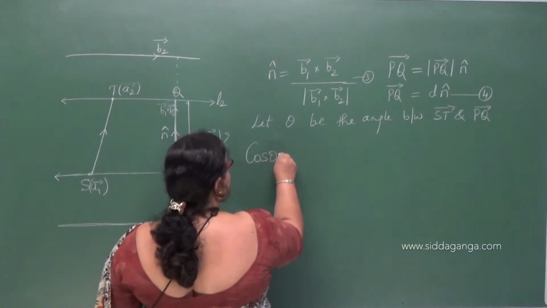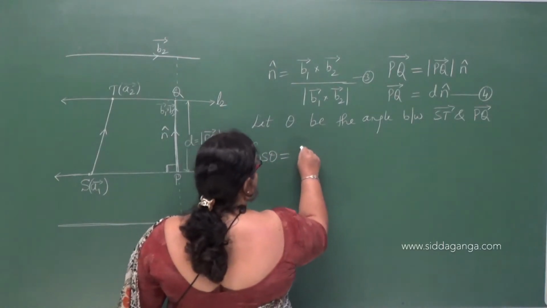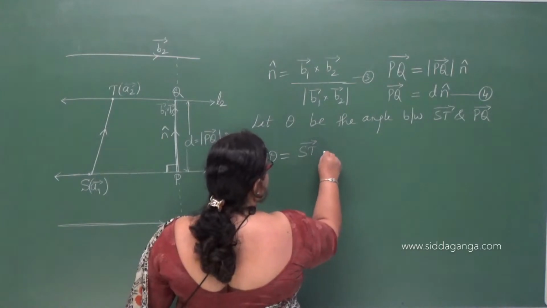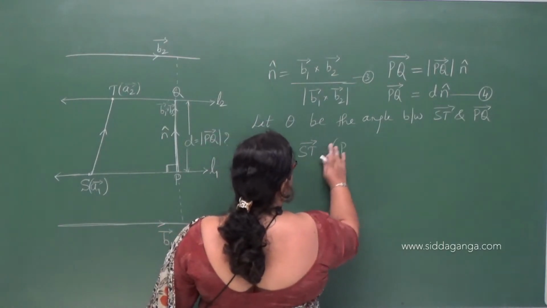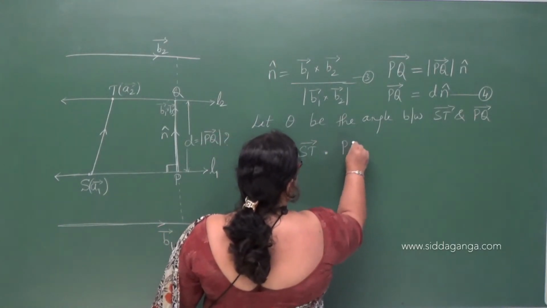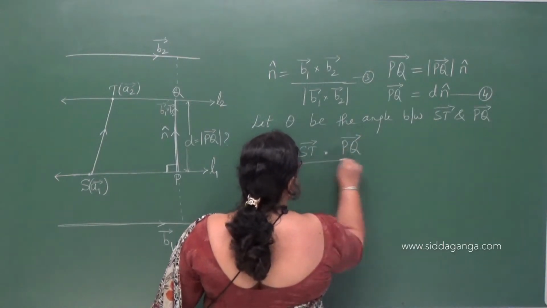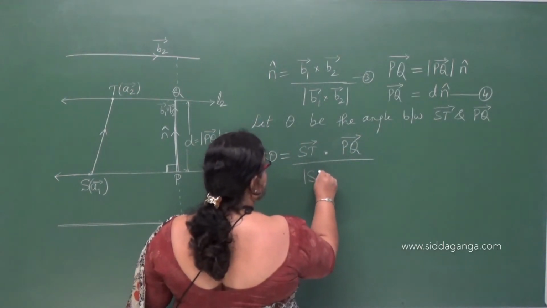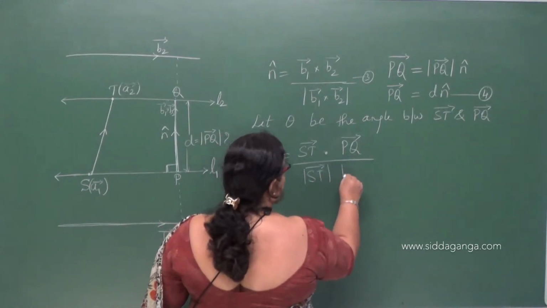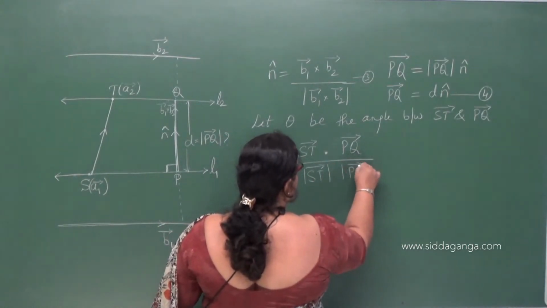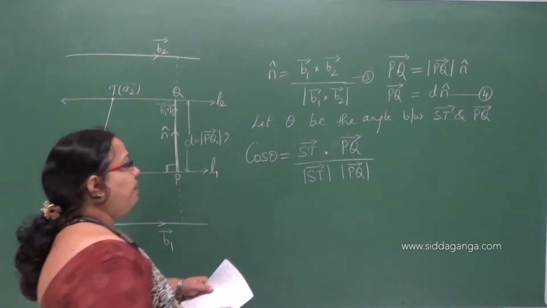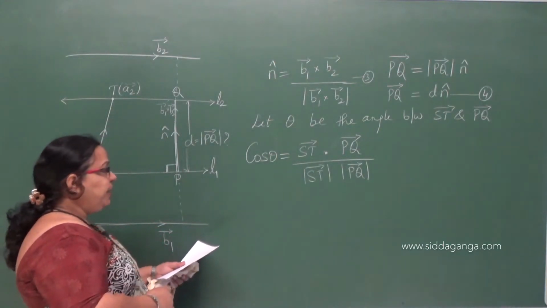Therefore cos theta equal to vector ST dot vector PQ divided by magnitude of vector ST into magnitude of vector PQ.